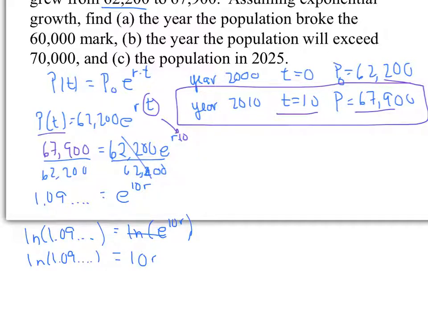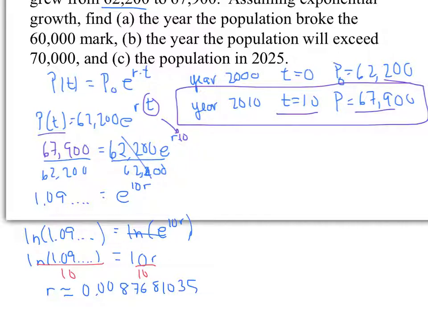To solve, all I have to do is divide by 10. And so I get that r is approximately 0.0087681035. Again, I don't round until the very end, so I'm going to keep it like this.